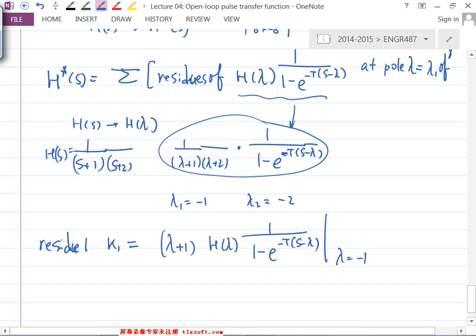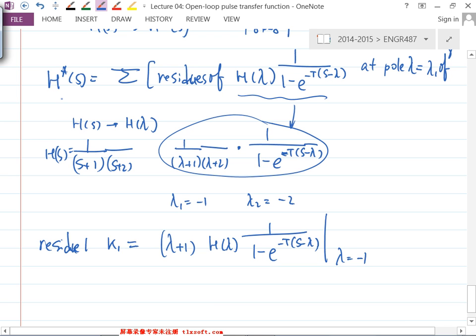When you plug in lambda equal to -1, you end up with everything else except the variable s. So you end up with the s function, which is what we want. You can try plugging it in here, and you'll get the so-called h star of s.